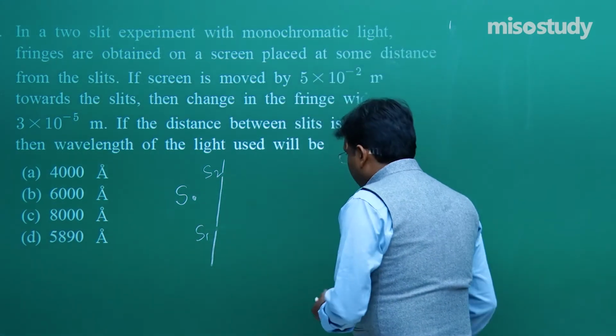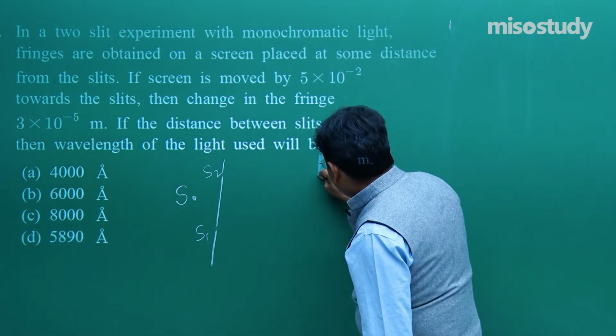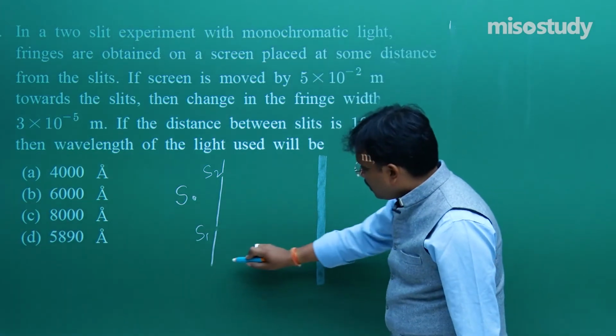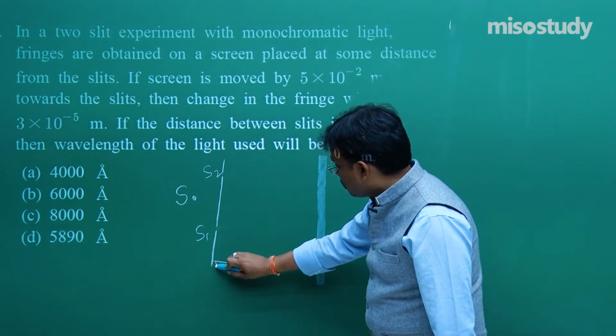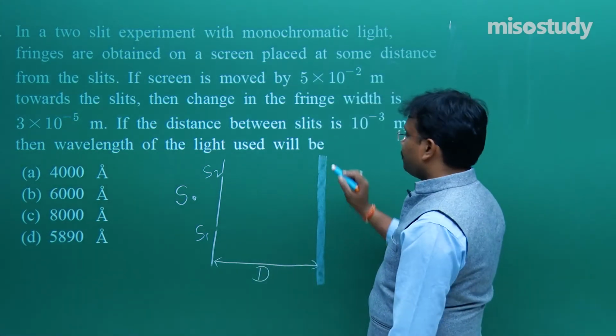And after that, screen is placed like this, okay, and this gapping is capital D. This is screen.